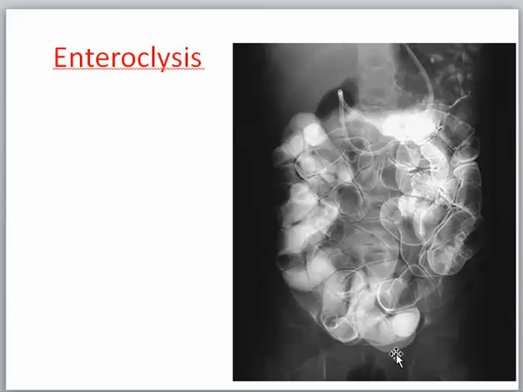If you inject dilute contrast in the first or second part of the duodenum, you will be able to distend the small intestinal loops, provided that you give hypotonic, and you will find such an appearance.